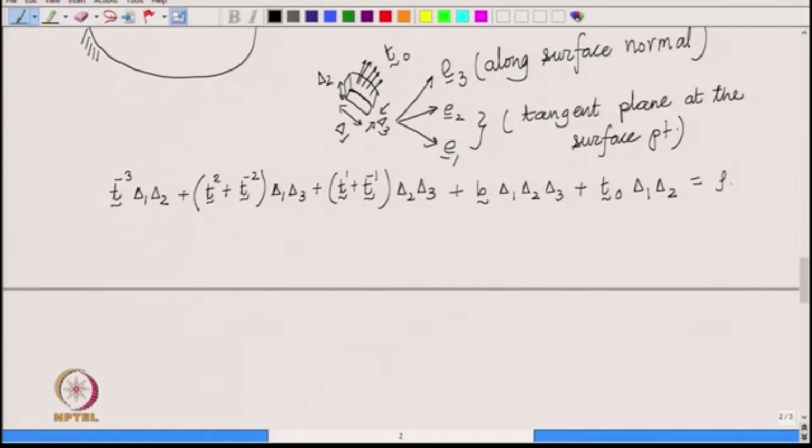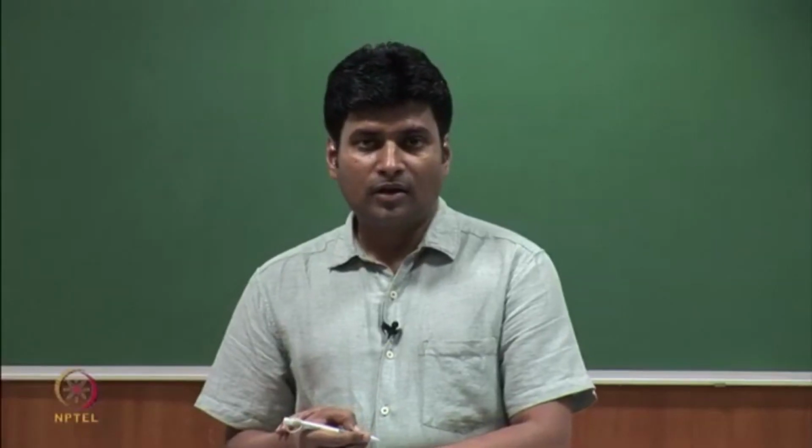So, mass is rho into the volume, which is delta 1, delta 2, delta 3 into acceleration A. Okay, so, that is Newton's second law for this small box, some people also call it pill box.